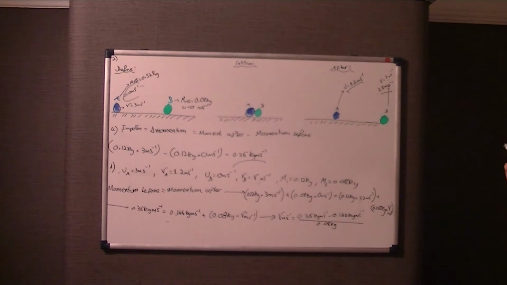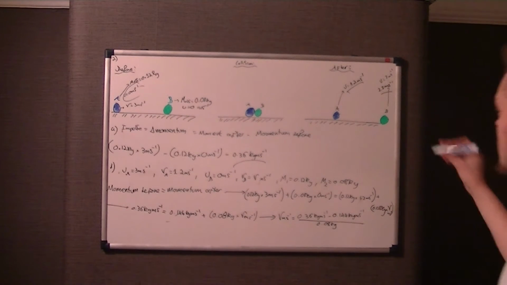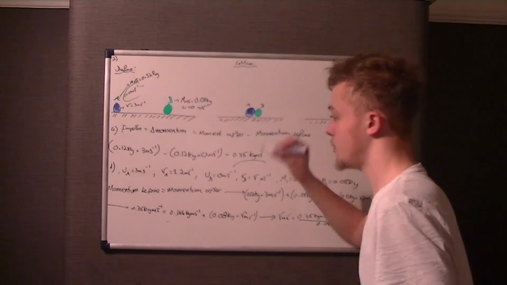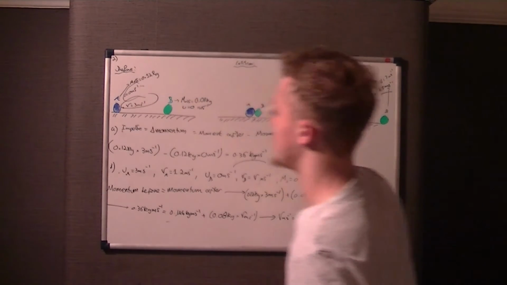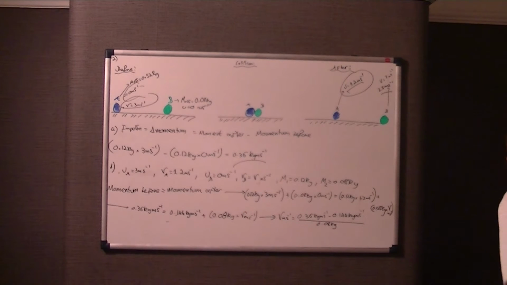So what we're doing here is working out the change in momentum of A. And it says magnitude purely because, obviously, when we work out the change in momentum, we're going to get a negative figure. As long as you make it positive, that's the main thing. So, the impulse exerted on A in the collision. Well, you need to work out the change in momentum.